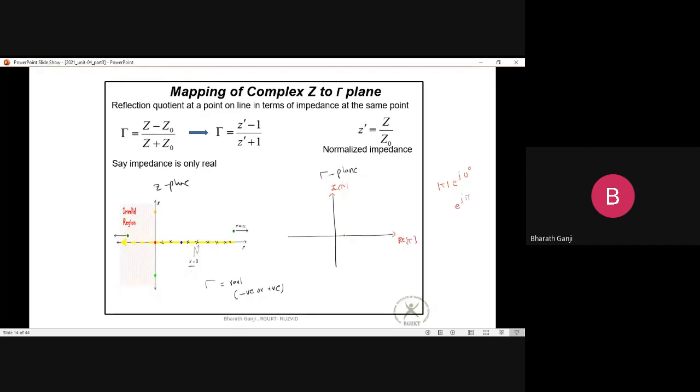So either your points will be here if it is a positive number, they will be here if it is a negative number. ఏంటి నెగిటివ్ నెంబర్ అంటే రిఫ్లెక్షన్ కోఎఫిషియంట్ నెగిటివ్ నెంబర్.